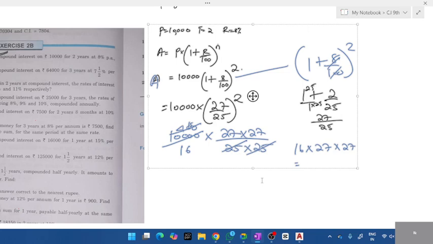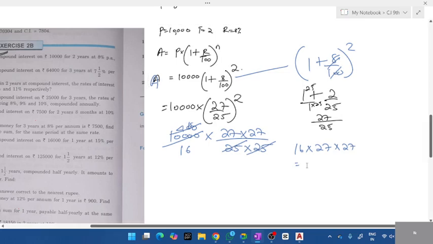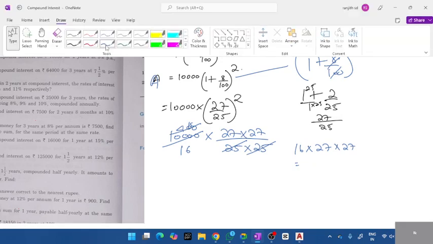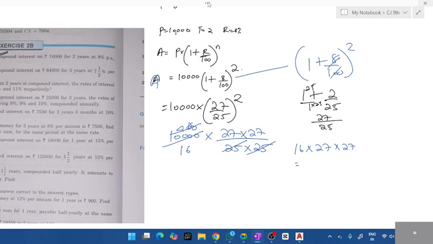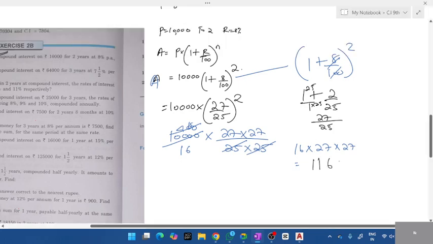What's the final answer? Okay, 11,000. All of you will try and tell me the answers. 11,664. Okay, what is the compound interest formula, Abigail? What did I give? Compound interest?